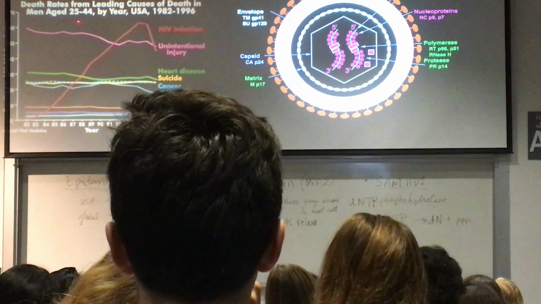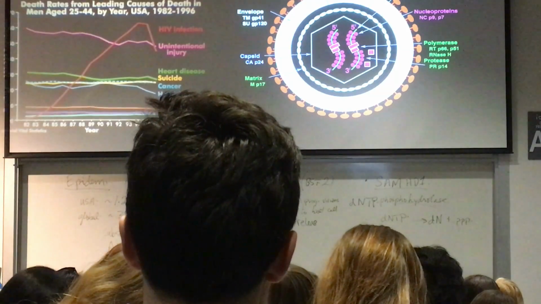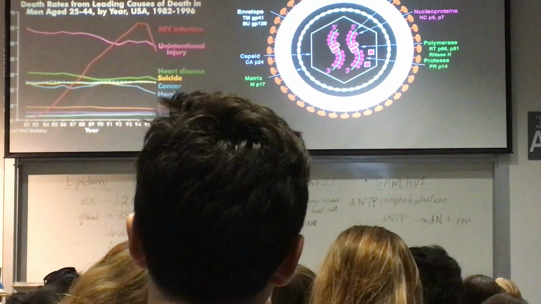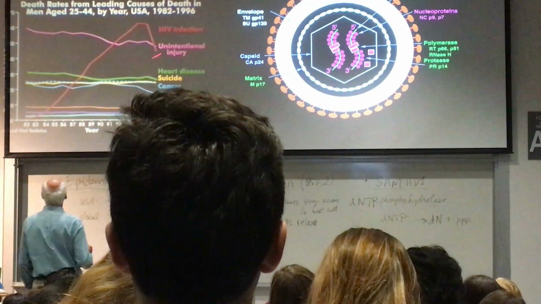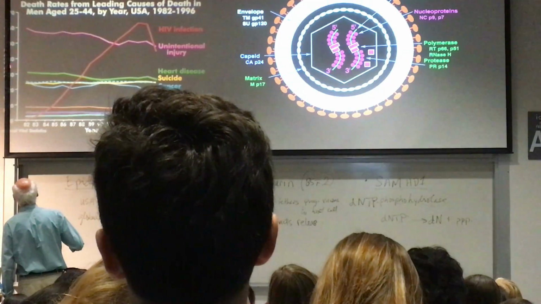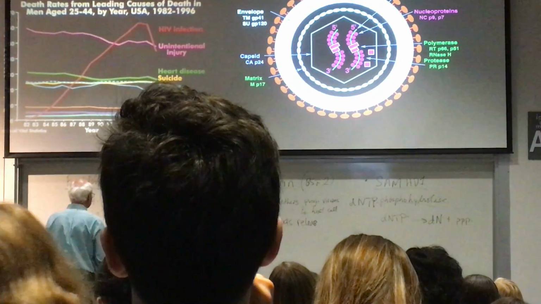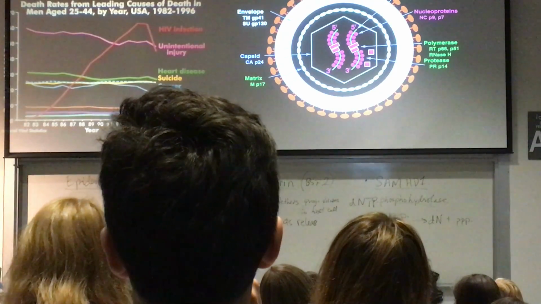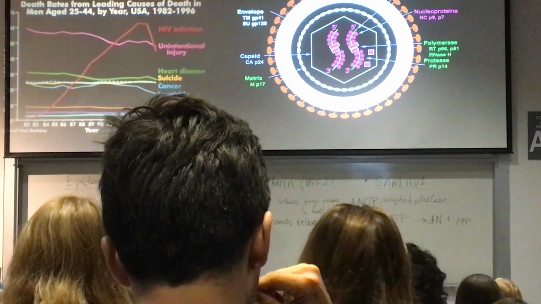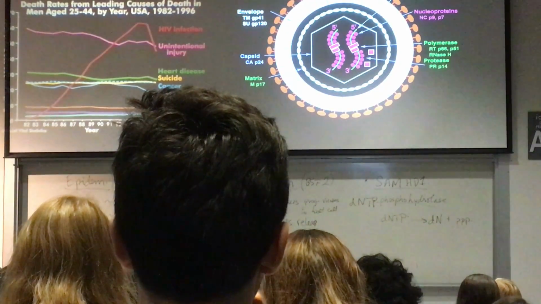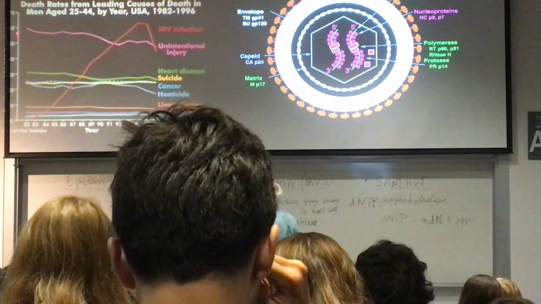So in guys, the major cause of death, you can't see the scale, but it's accidents. For males, of course, we're invincible, nothing will happen. But things do happen.